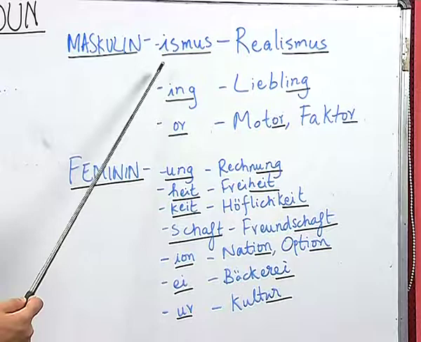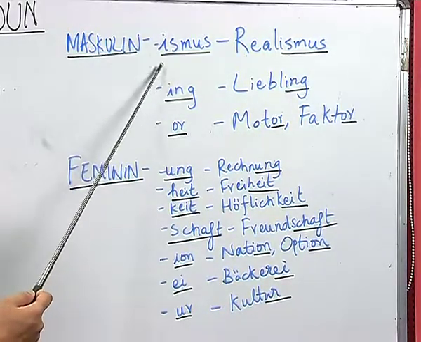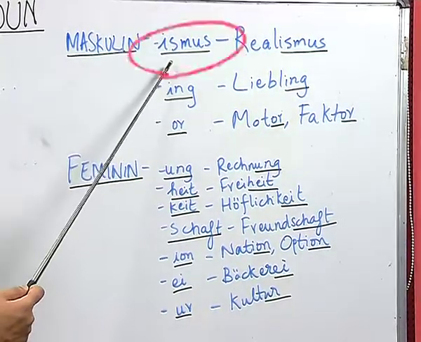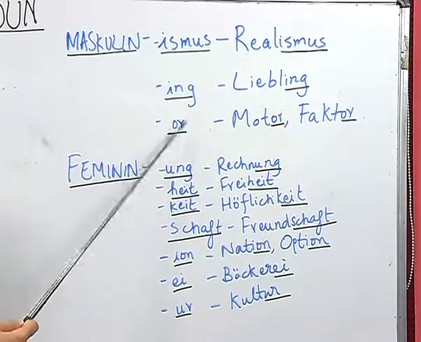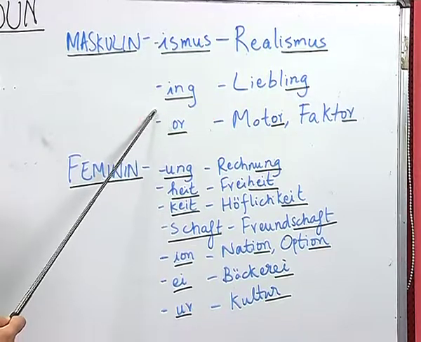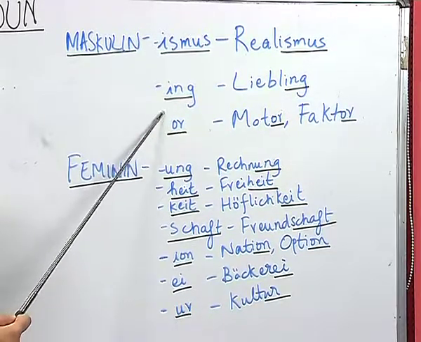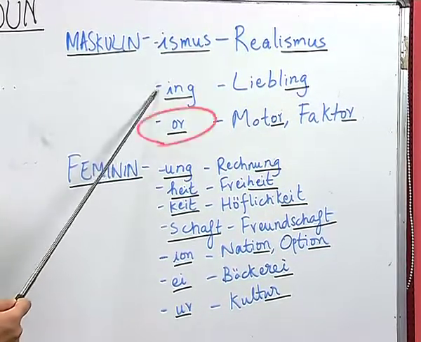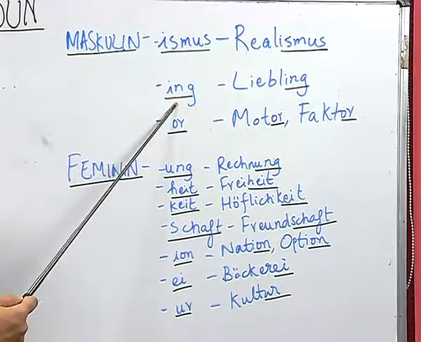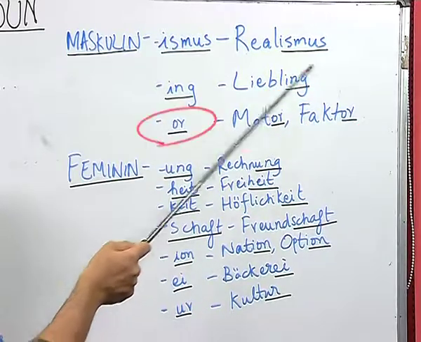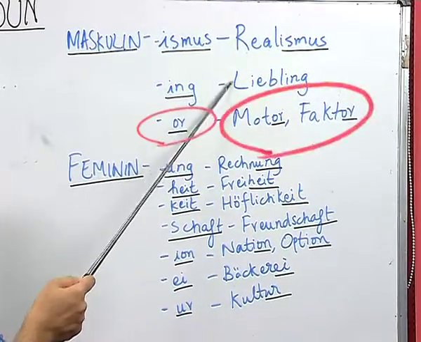Now, look at the endings of certain nouns in the masculine category. They are -ismus, -ig, -ling or -or. As you can see, this small mark shows that the complete noun is attached to this ending to make it into a composite word.